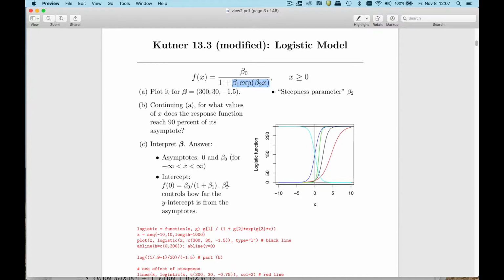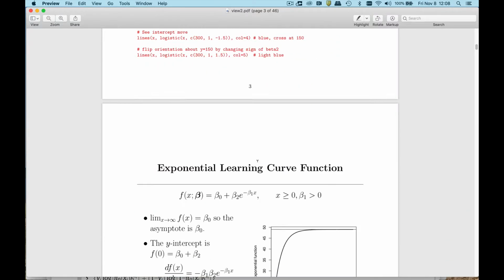All right, so that's why the asymptotes here are at 0 as x goes to positive infinity, and beta naught as it goes to negative infinity. Now, if we were to flip the sign on beta 2, then of course everything changes, and we would go to beta naught as x goes to positive infinity, and we would go to 0 otherwise. All right, so that's one nonlinear function.